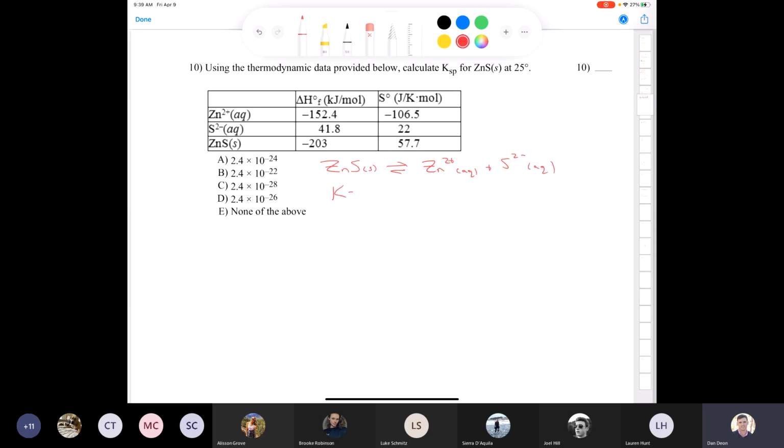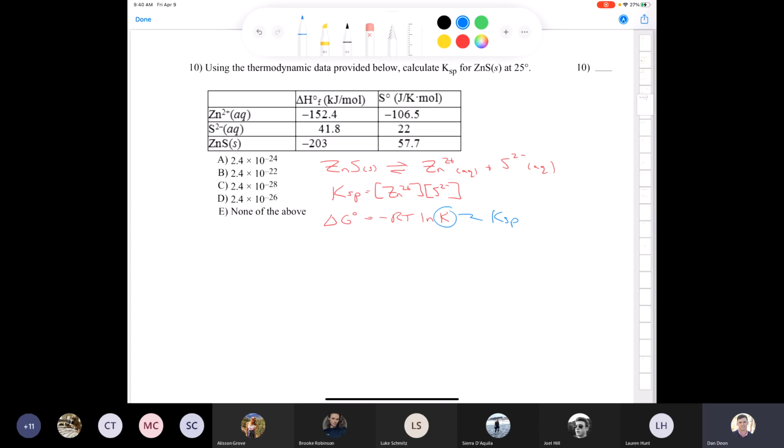If we wanted to evaluate the KSP, we would have to take a look at the concentration of zinc ions multiplied by the concentration of sulfide ions. We don't include zinc sulfide because it's a solid, sorry. Anyhow, we're going to use the formula delta G naught is equal to negative RT times the ln of K, and that K is going to be our KSP.